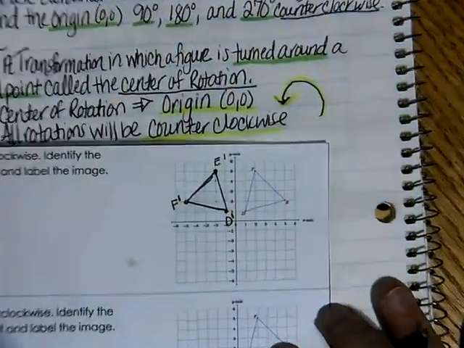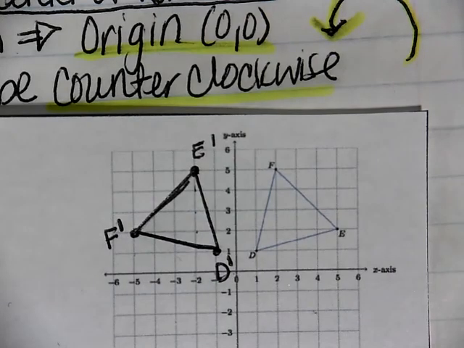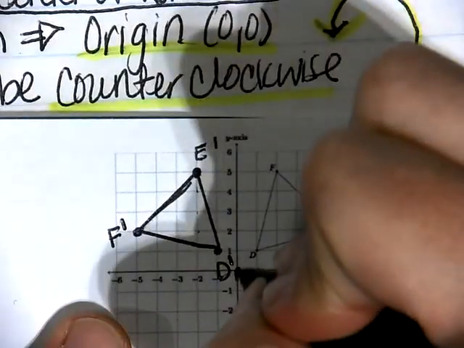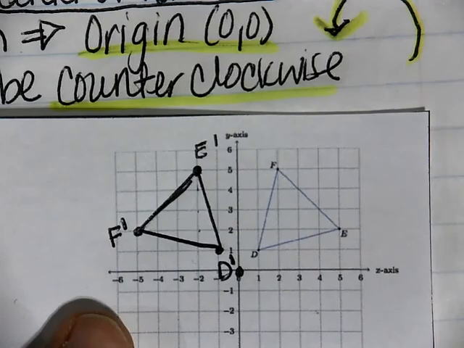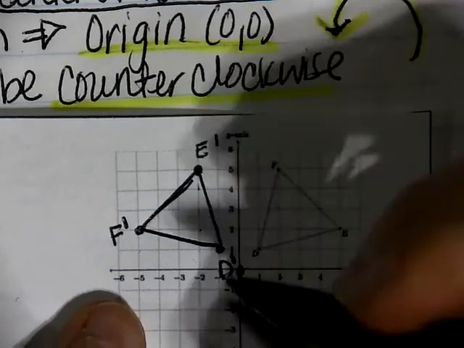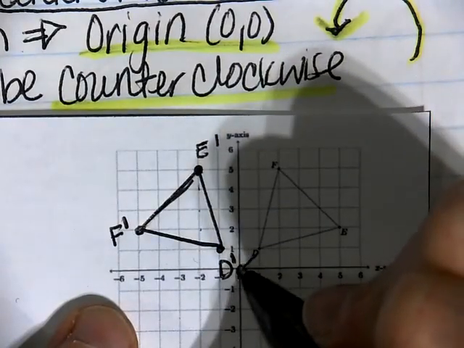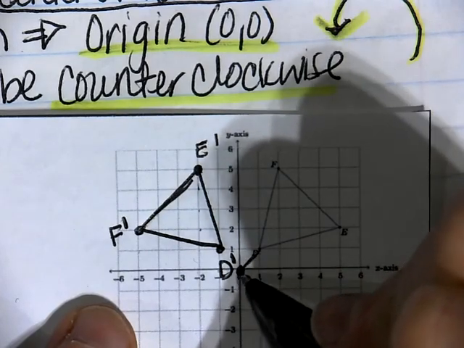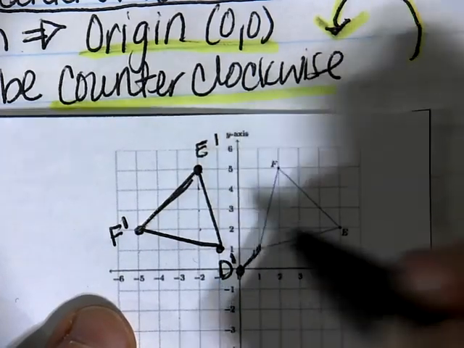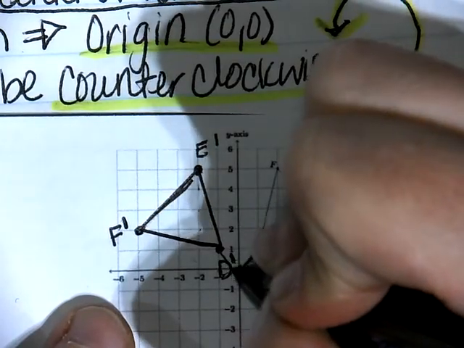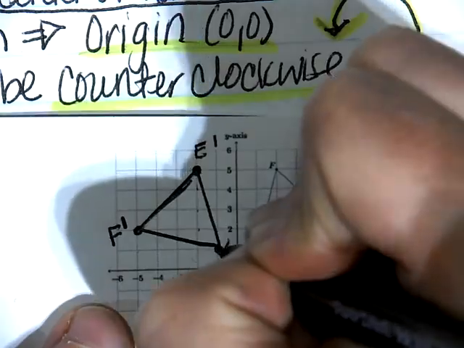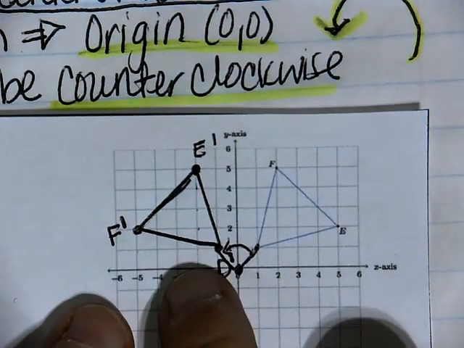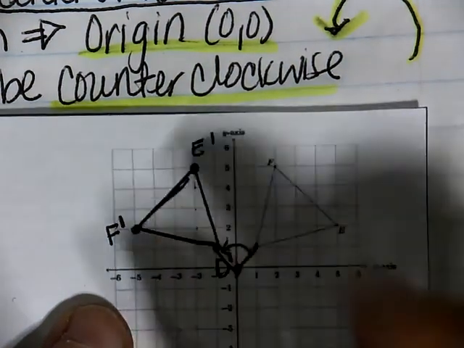This triangle is indeed a true rotation, and here's how you can tell that this was a rotation about 0, 0. What you need to do is select a point. Let's say that we pick D. I am going to quickly draw a segment going from 0, 0 to D and from 0, 0 to D prime. And when I do that, I notice that my graph has been rotated 90 degrees counterclockwise.